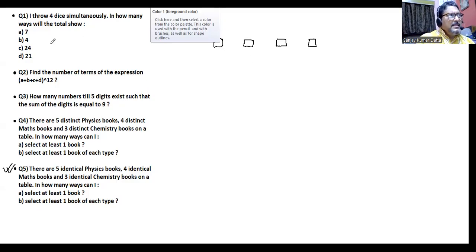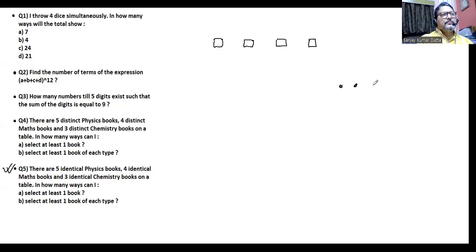So I can imagine 7 to be 7 dots like this, right? 7 dots like this. ठीक है ना? So these 7 dots are to be distributed among these 4 dice, right? But remember, can there be a die possible which has 0 dots in it?